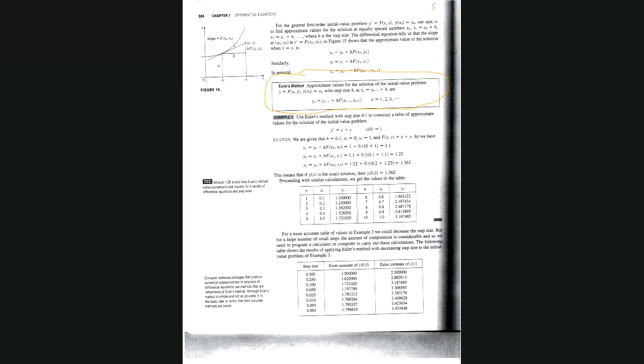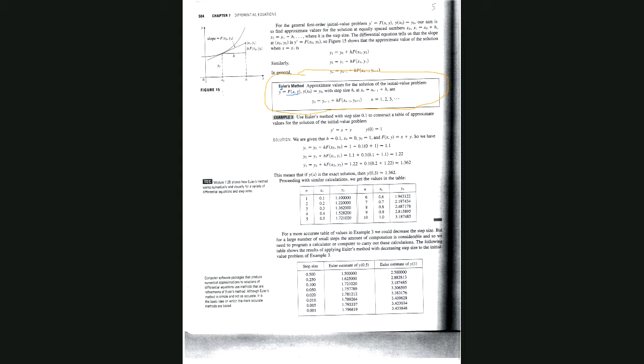So this is the iterative approach of what we've done. Approximate values for the solution of the initial value problem, and there's a typo here, it should be y prime equals some function of x and y. That's what you see on the right-hand side of the differential equation.